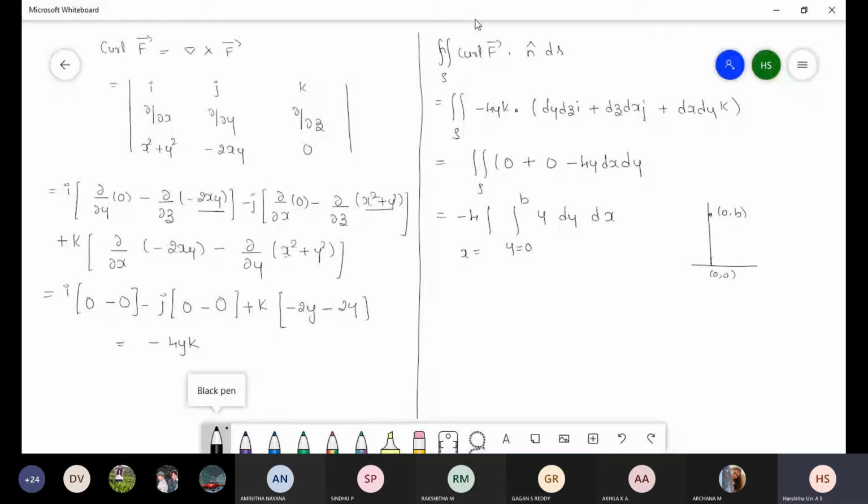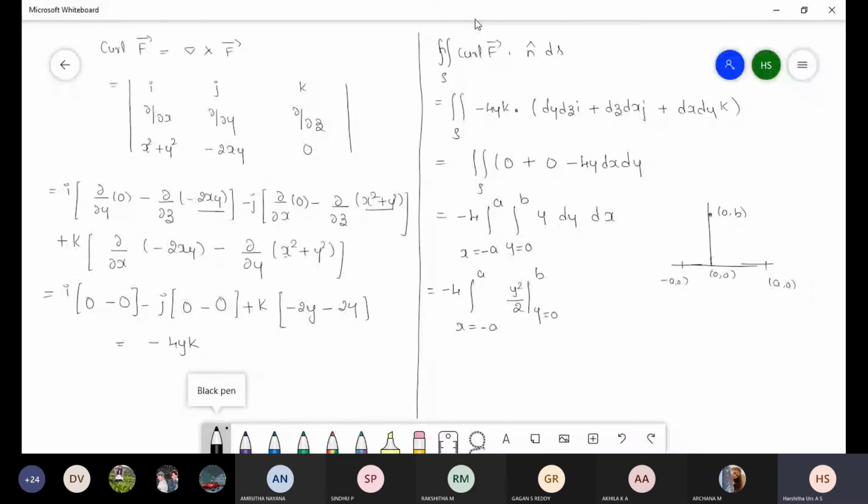For x, here is minus a, 0, and again on this side a, 0. So x varies from minus a to a. So minus 4, the integral of x from minus a to a. The integration of y is y square by 2, with y from 0 to b.